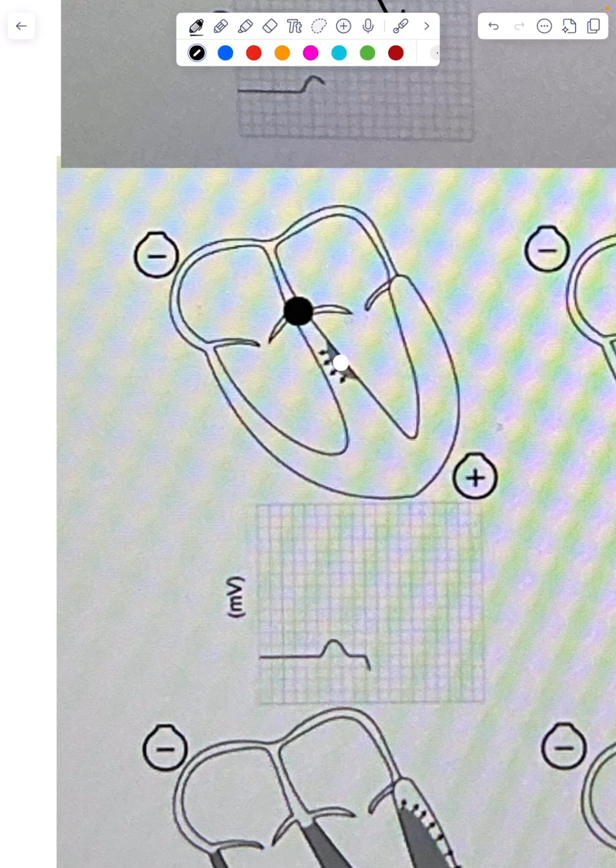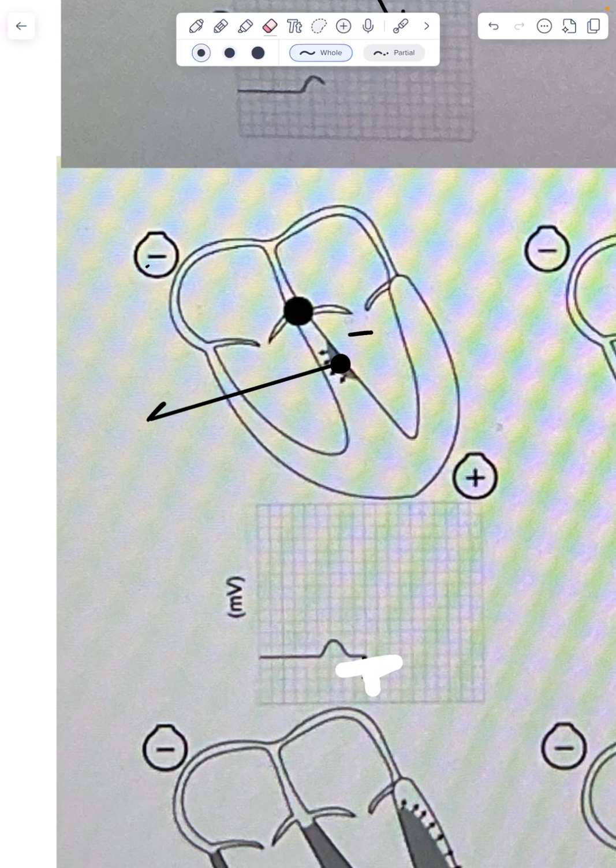And we're going to have a vector going in this general direction. And that's closer to the positive than it is to the negative. But we're changing a positive from the outside to a negative, and we're going towards a negative tail, denoting a downwards motion.